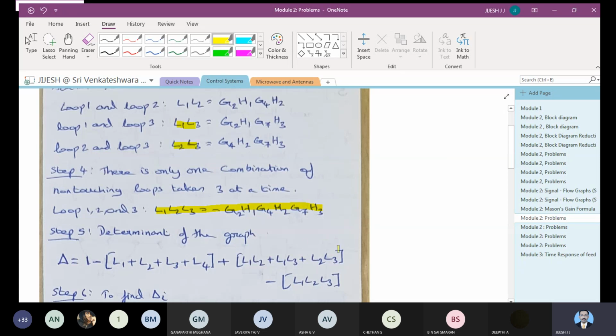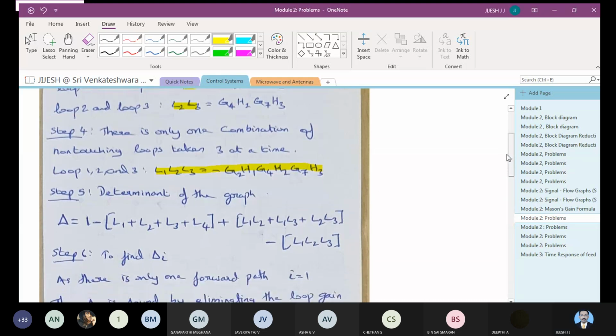And minus L1, L2, L3 taken 3 at a time. So this is the equation you will get for delta. We need delta i as well, so we have to find delta i.